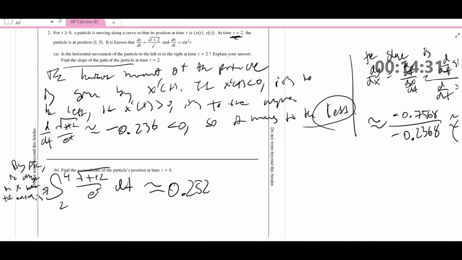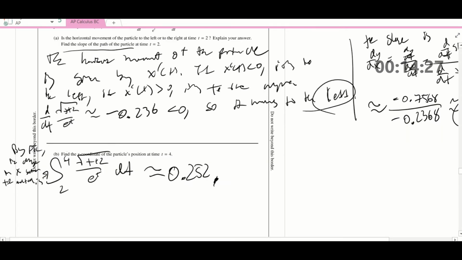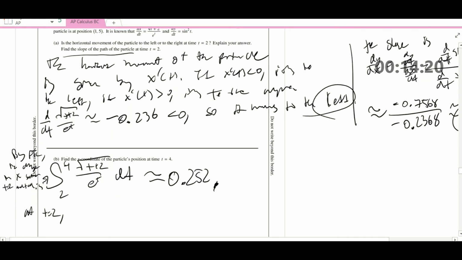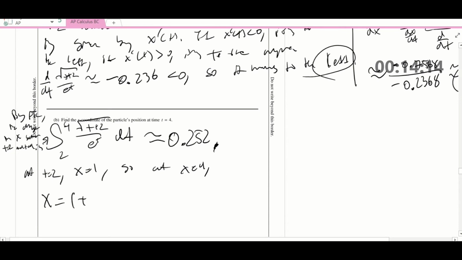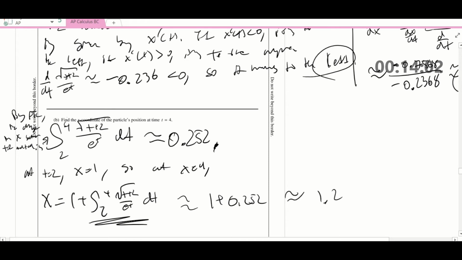And then we add 1, because at t equals 2, x equals 1. So at t equals 4, x equals 1 plus the integral, which is 1 plus 0.252, approximately equal to 1.252.